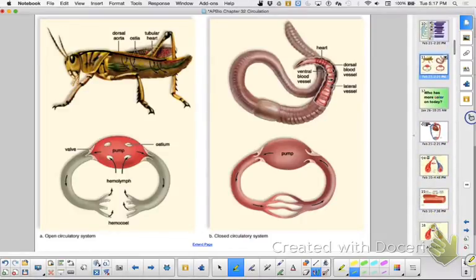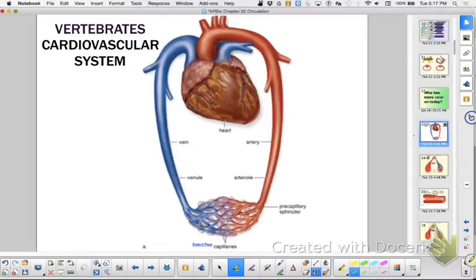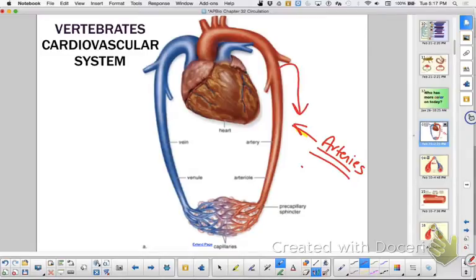So when you look at our heart, what you want to remember is that arteries, by definition, always go away from a heart. It doesn't matter if the blood is oxygenated or deoxygenated, arteries go away from a heart.